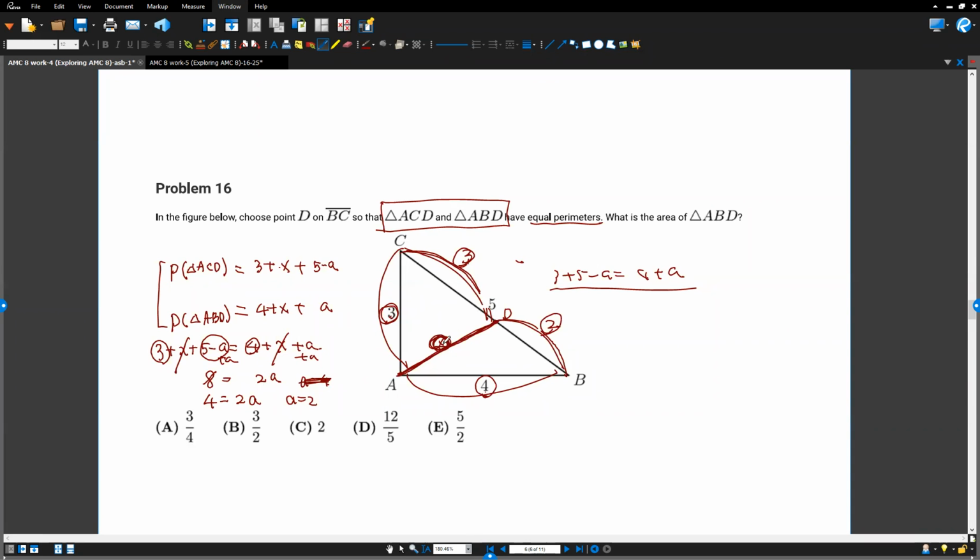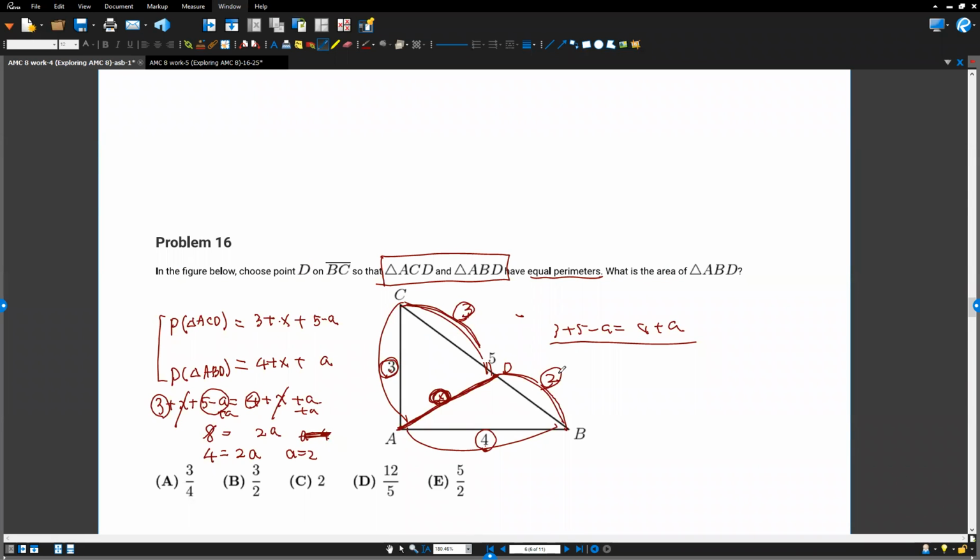Okay, another one. We have a triangle. The area in triangles with the same height.